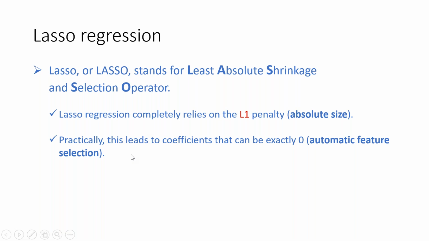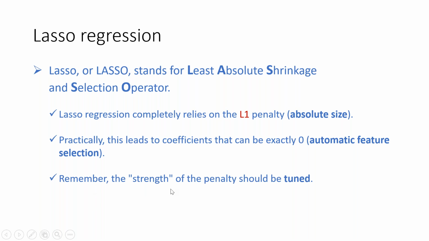Practically this leads to coefficients that can be exactly zero. If you put a big value of your penalty factor, some betas will become zero, thus your features can be removed. That is why we call it automatic feature selection. By tuning it with a high value, all the small values will become zero. That is the way to remove features automatically.